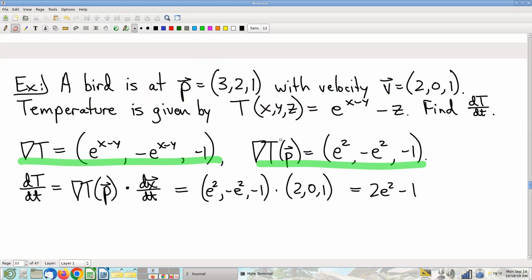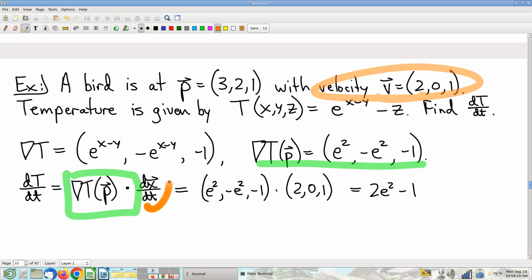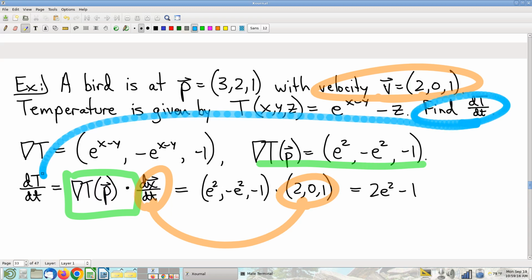And altogether then, here is your gradient that you dot with input velocity to get the output velocity that we wanted to find. And there it is. That's the rate of change of temperature that the bird experiences.